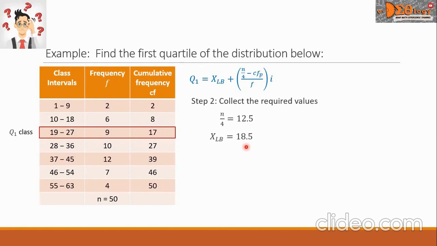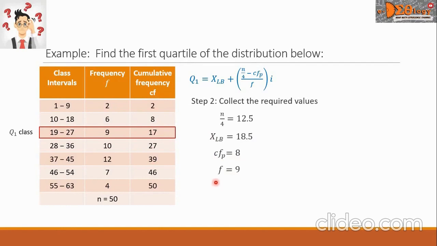We got this value from the lower limit 19 minus 0.5. The CF sub p is the cumulative frequency of the class preceding the first quartile class. For the CF column, the preceding cumulative frequency is 8. So we write here 8.